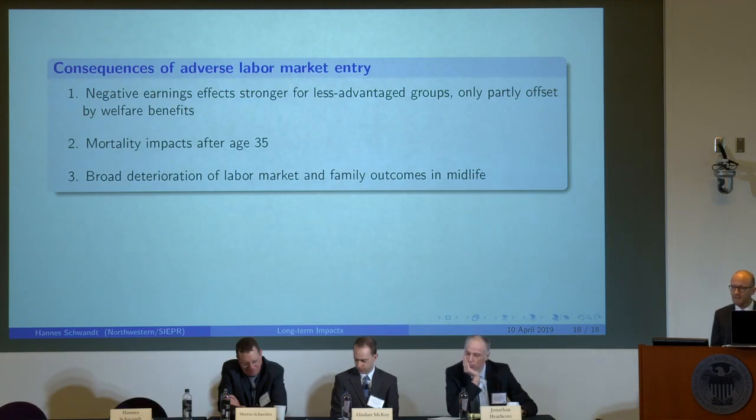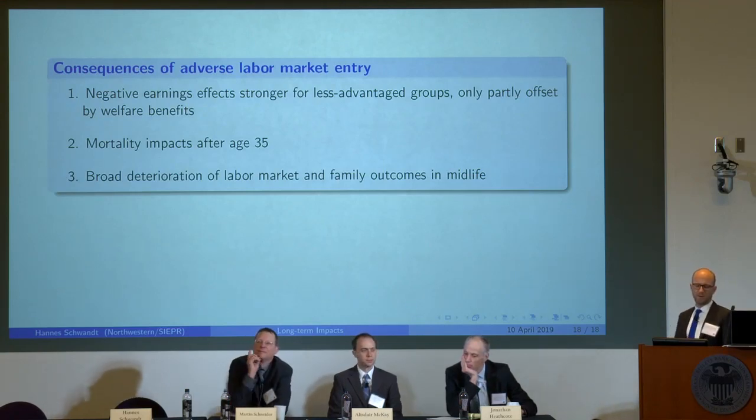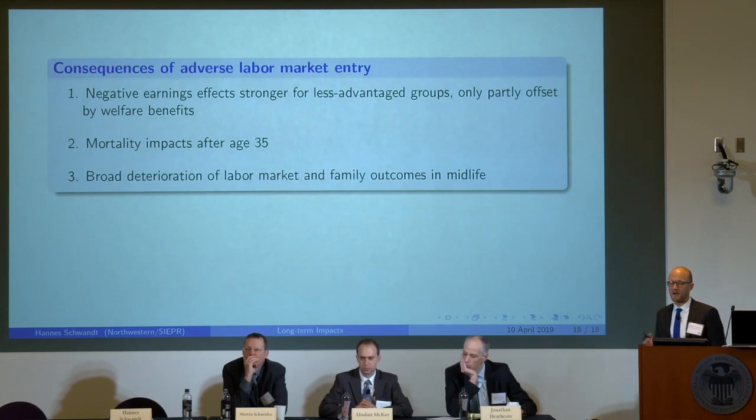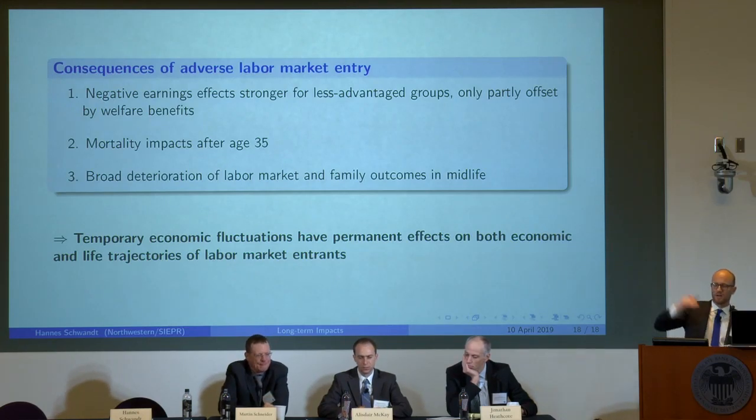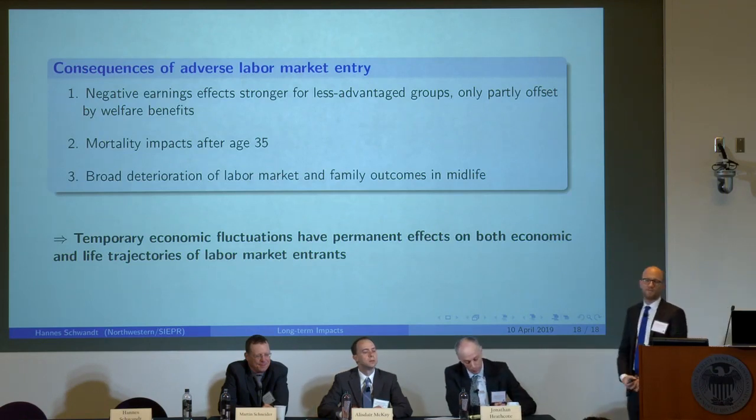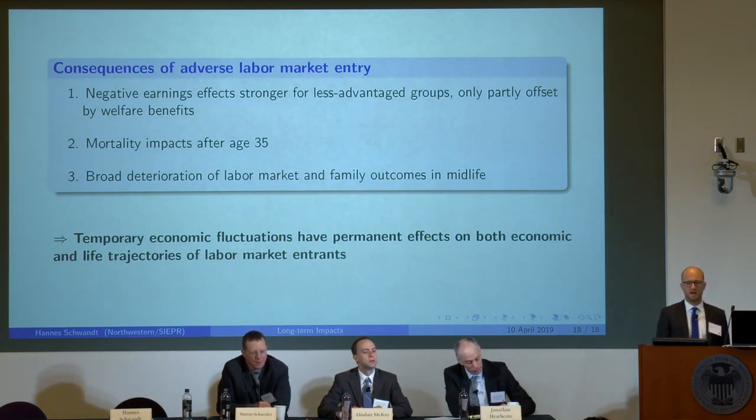And this comes along with a broad deterioration of labor market and family outcomes. And so overall what this shows is that temporary economic fluctuations have the potential to persistently shift the life course and life trajectories and labor market outcomes of those who enter the labor market in a recession.